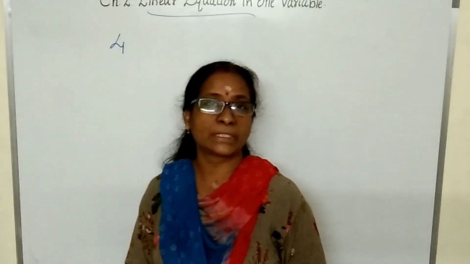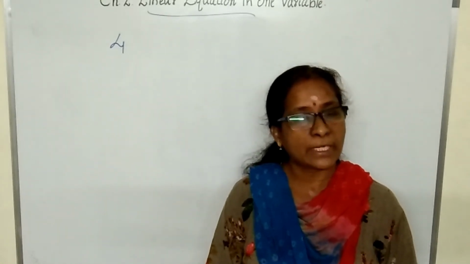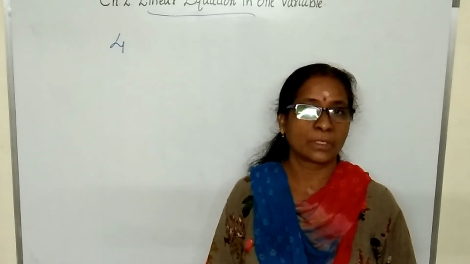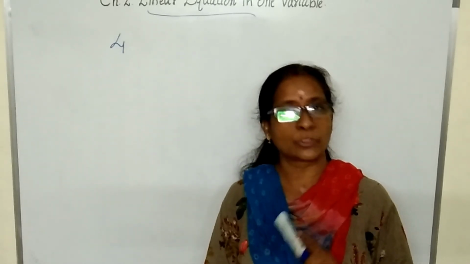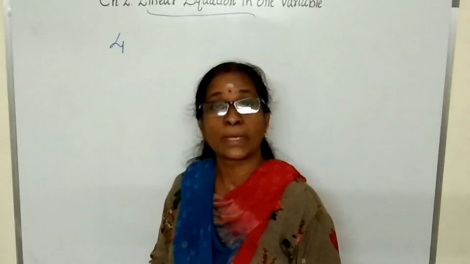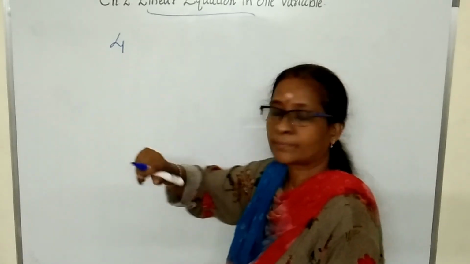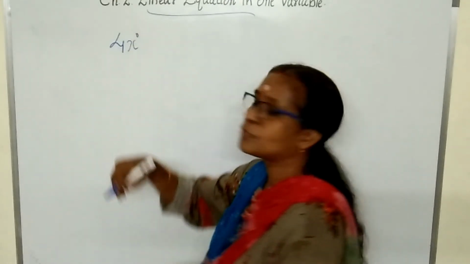Now, just now we learned that polynomials are expressions in which the power of the variable should be positive. Now, is it compulsory that it is only positive integers as the power? No. It can also be 0. That is, when I write 4, it means 4x raised to 0.